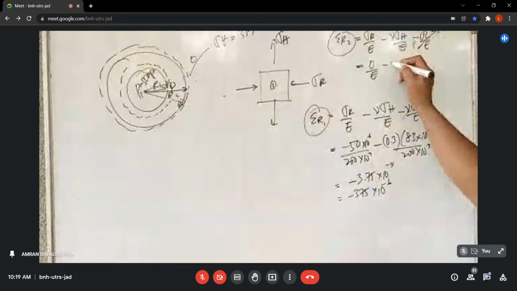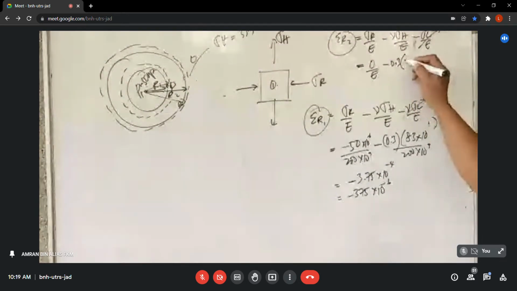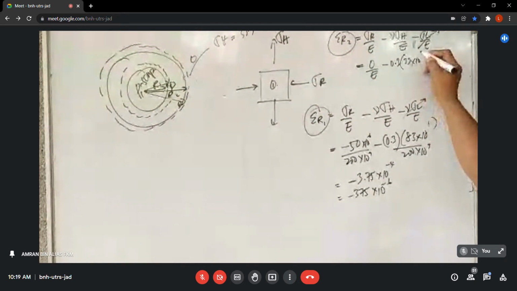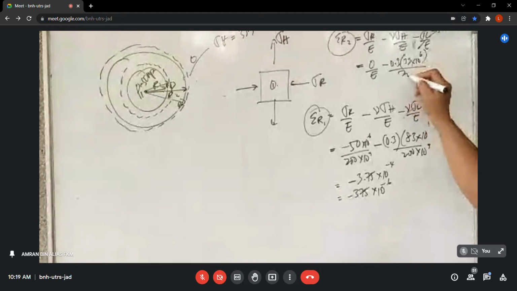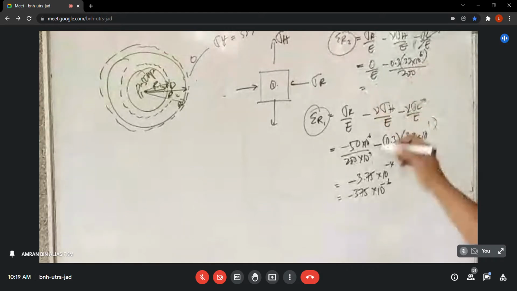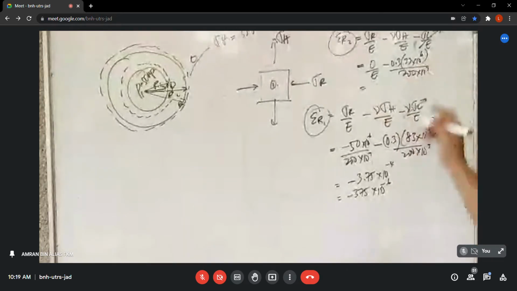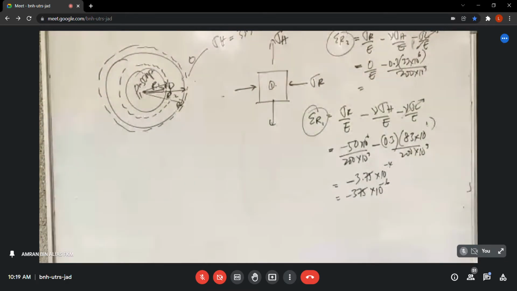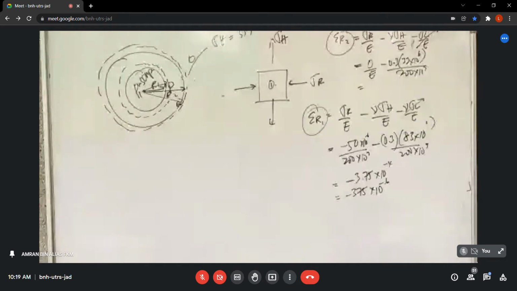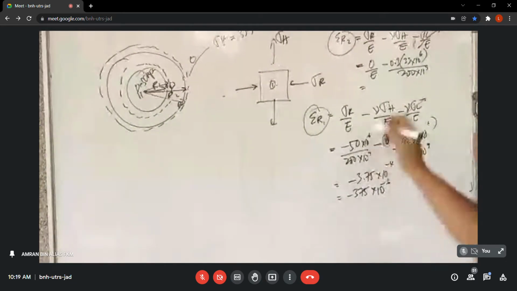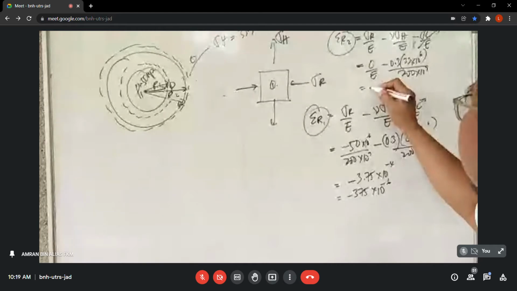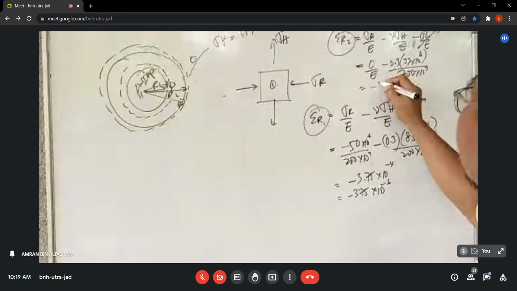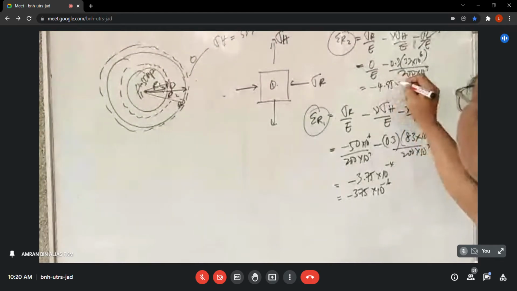And then minus 0.3 sigma H, 33, 10 to the power of 6 divided by 200. Small value there. What's the value there, please? This is minus 375. This is negative 4.95 to the power of negative 5.